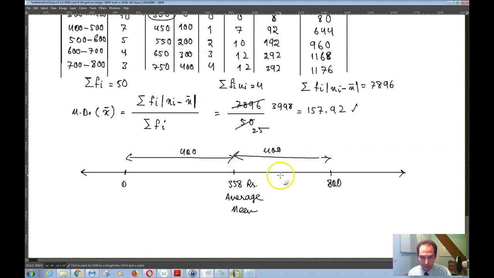But now the way that all of these observations have been scattered around this mean is shown by this number.